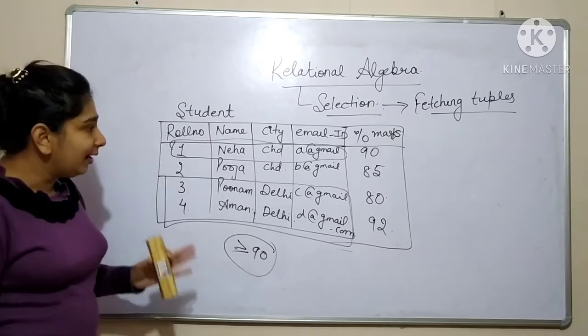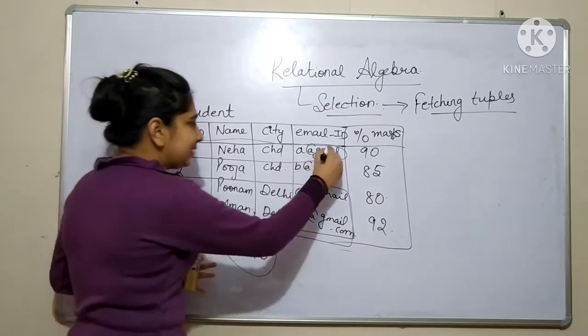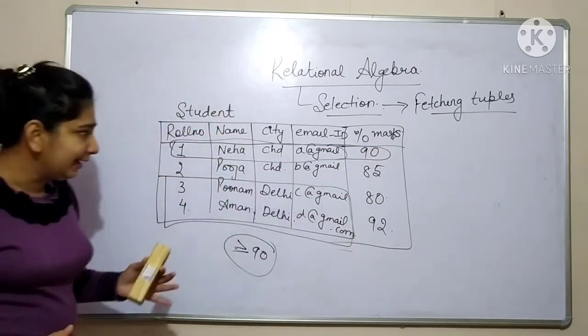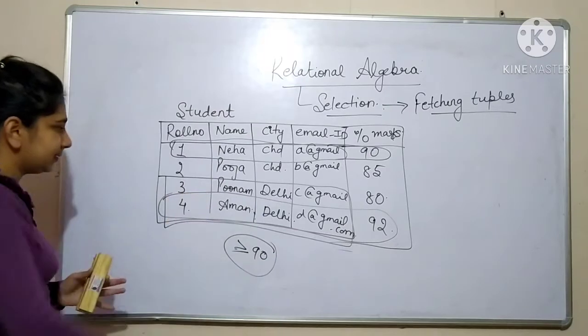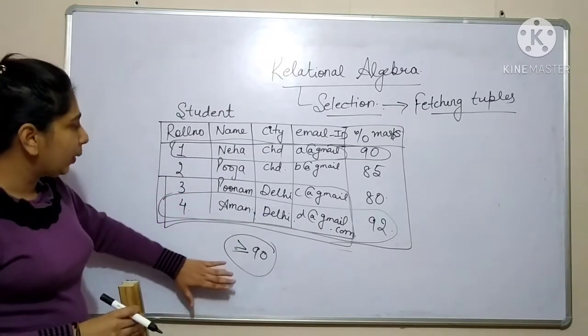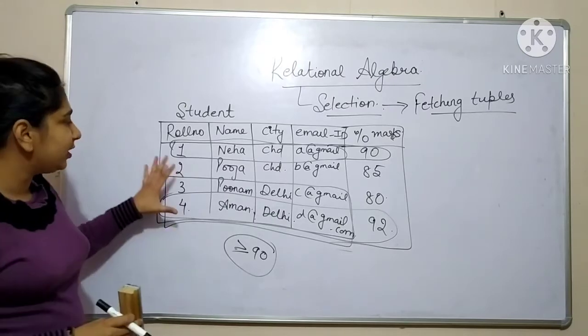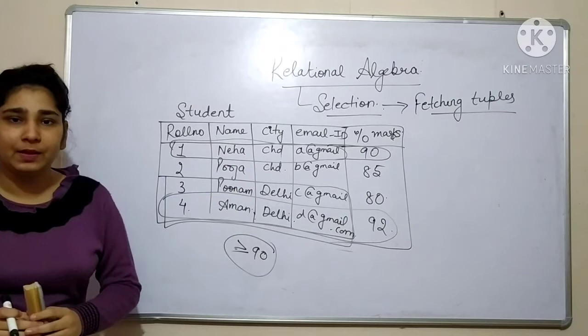So the first tuple and the fourth tuple are what we get in the output.